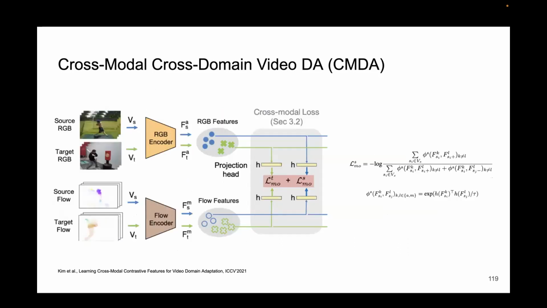And here is a more detailed overall diagram from their proposal. Starting from the inputs of both the RGB channel and the flow channel, there will be four streams, as we just discussed for those four data corners. They set up two encoders similarly to MMDA: one is the RGB encoder, the other is the flow encoder.